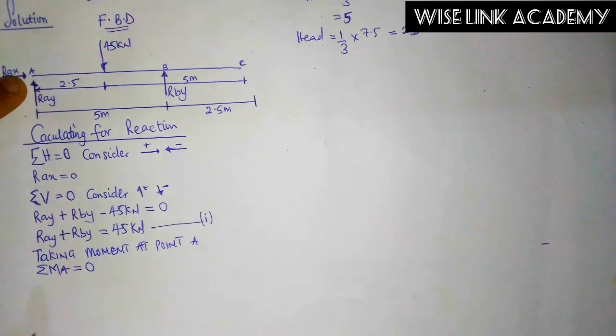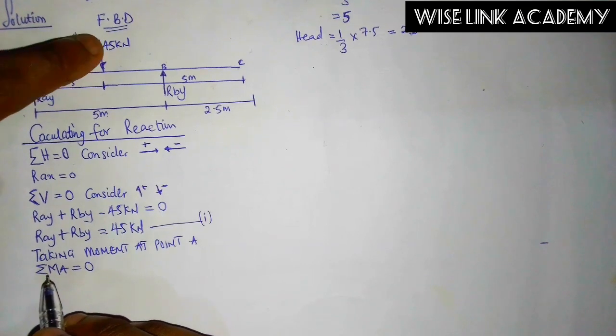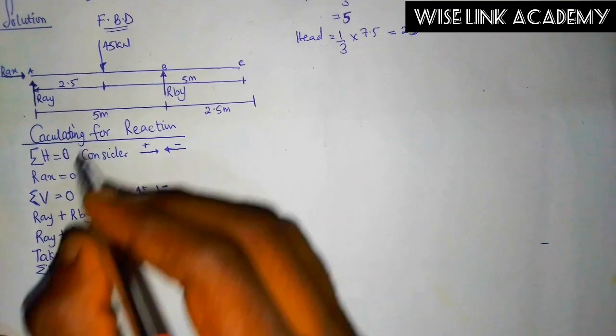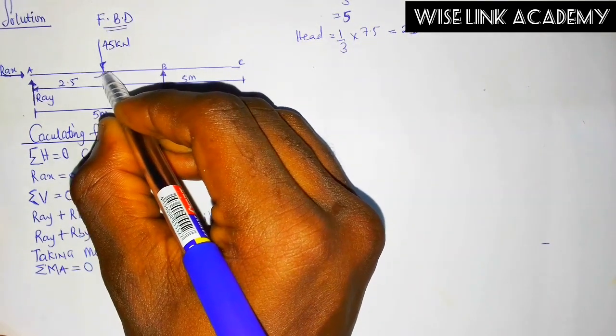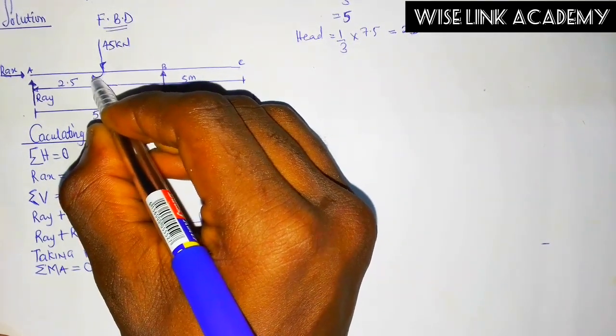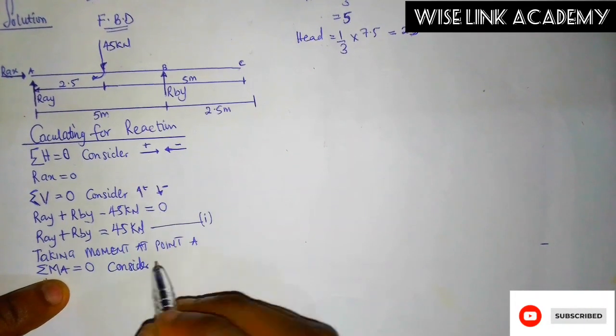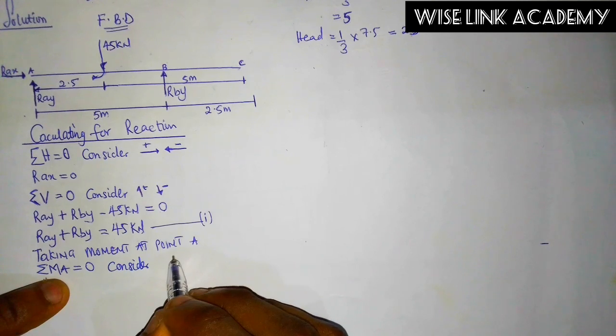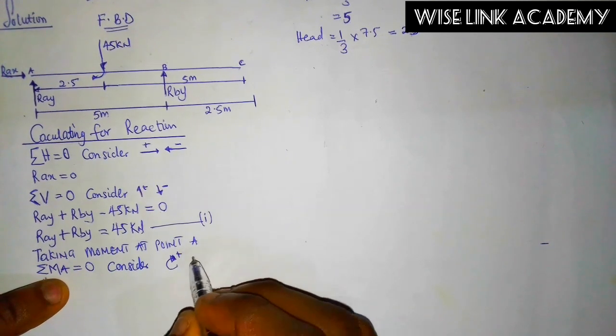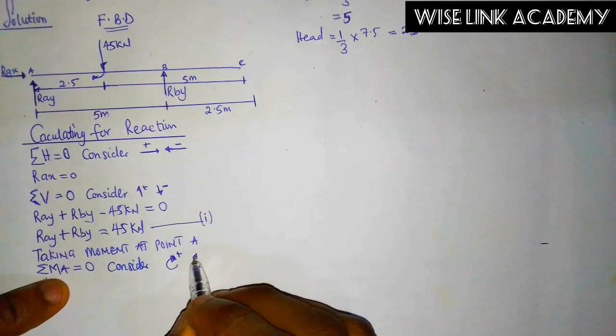So now the first thing is that this reaction, you want to look at this place, and the easiest way for it to move is this, isn't it? So consider this to be my positive, my clockwise, and my anti-clockwise to be my negative.